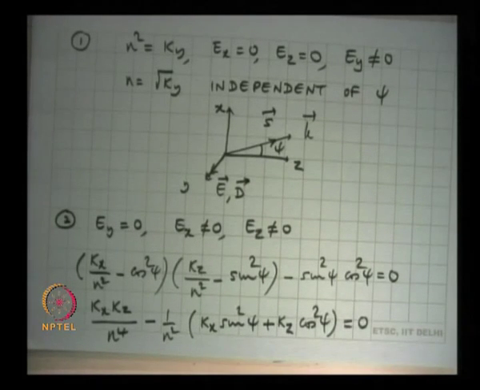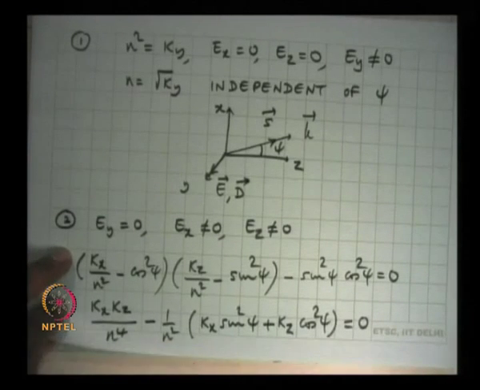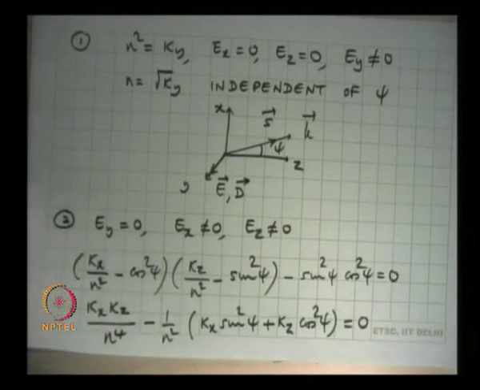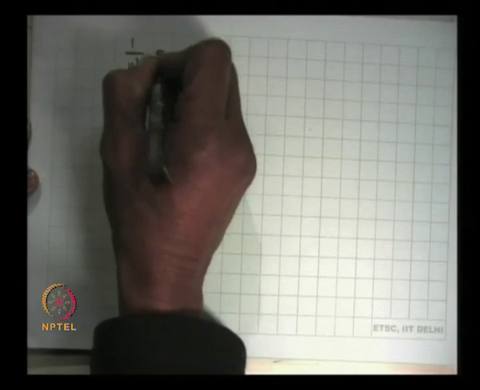The sin square psi cos square psi term cancels off, and because 1 by n square is not 0, I take out 1 by n square as common from both sides, and I will get an equation.